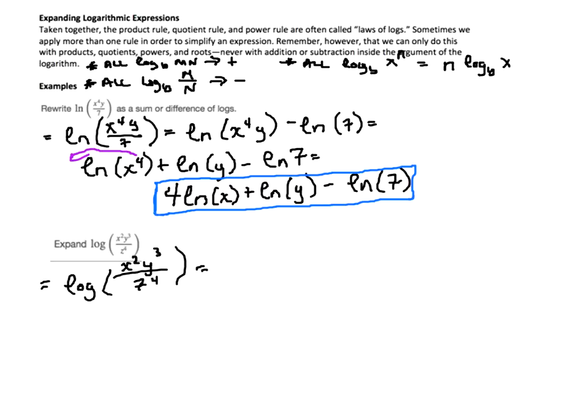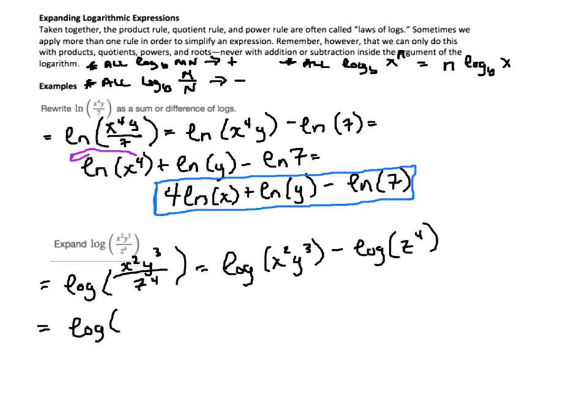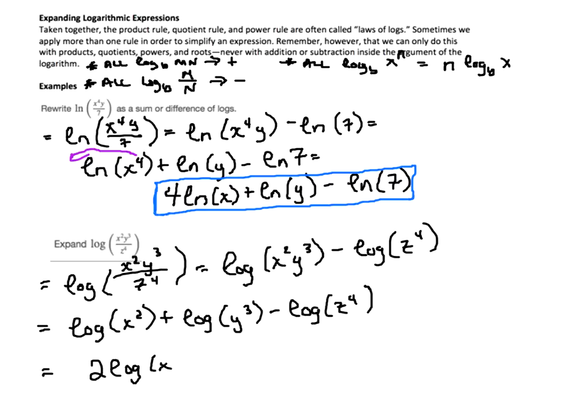So that is the same thing as the log of x squared y cubed minus the log of z to the 4th, which is the same thing as the log of x squared plus the log of y cubed minus the log of z to the 4th, which is the same thing as 2 times the log of x plus 3 times the log of y minus 4 times the log of z. I'm now completely expanded here.